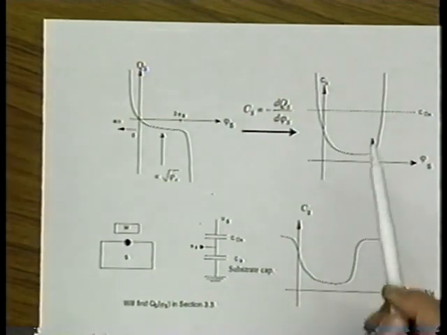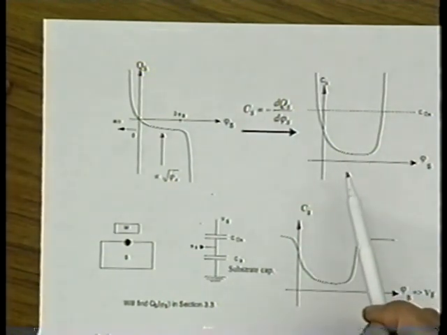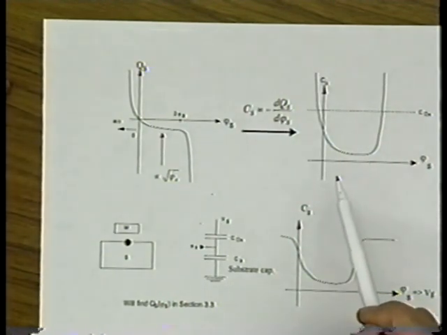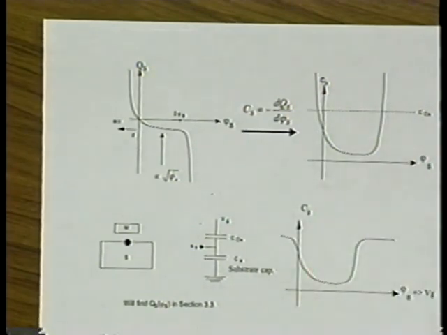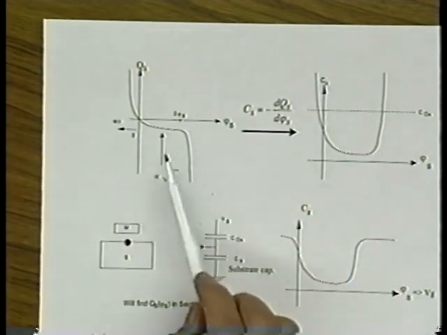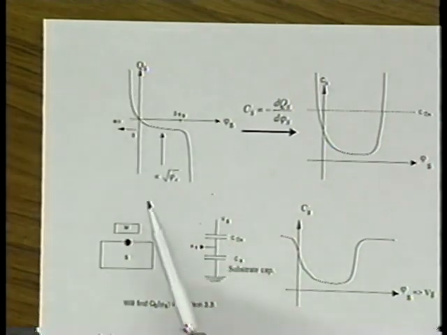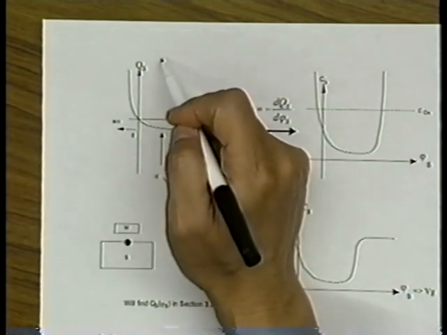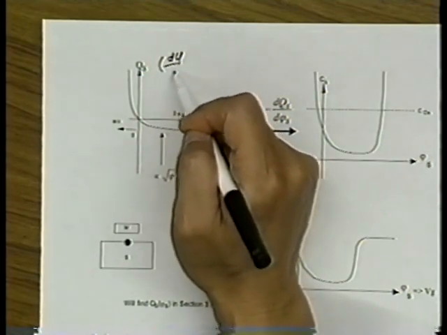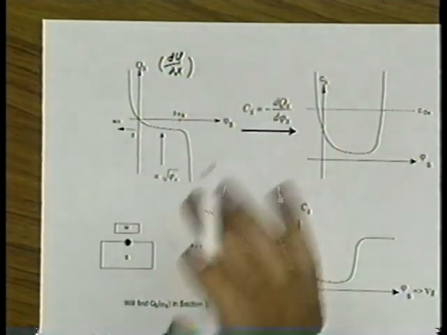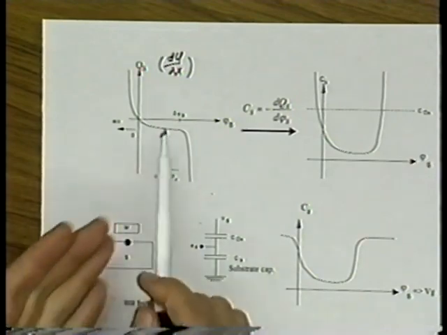I hope from now on you will always remember that we do have a capacitance as a function of phi s. It's actually also good to remember that how we got there is that we actually first derived the QS versus phi s. You may have forgotten how that came about. QS is really nothing but d phi dx, right? There's epsilon somewhere. Let's not worry about that, right? So that's the equation we start with.